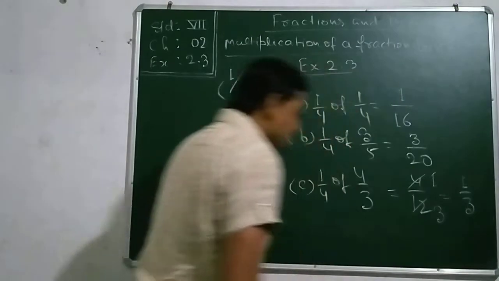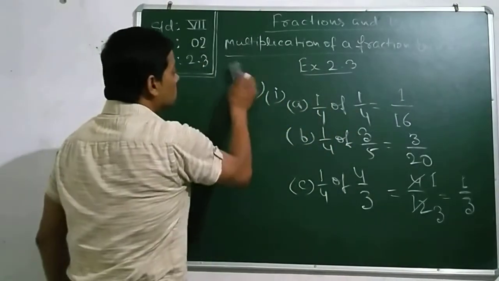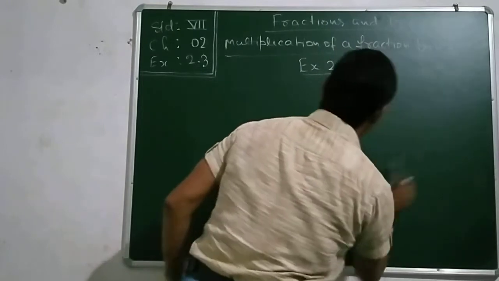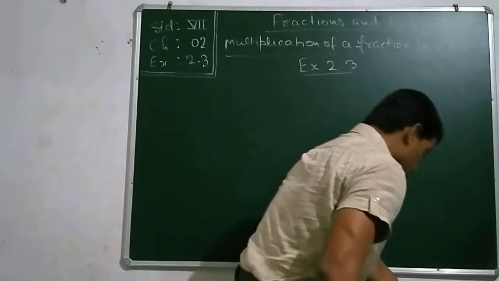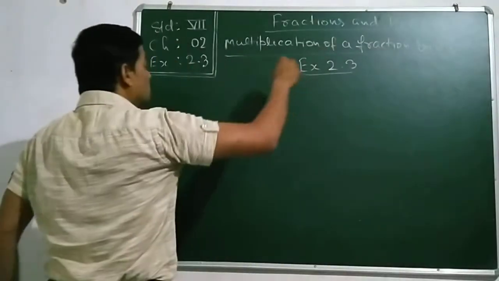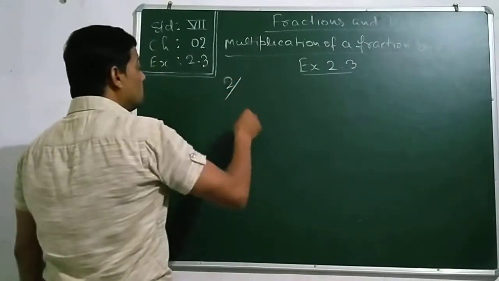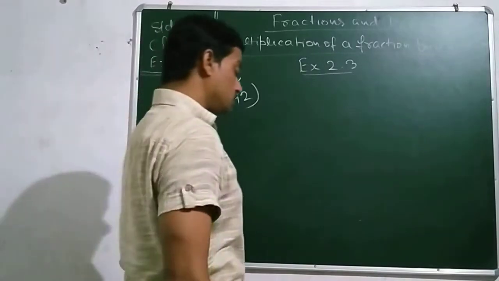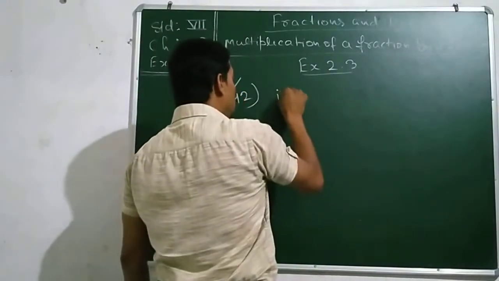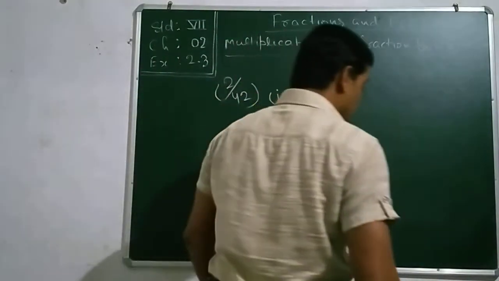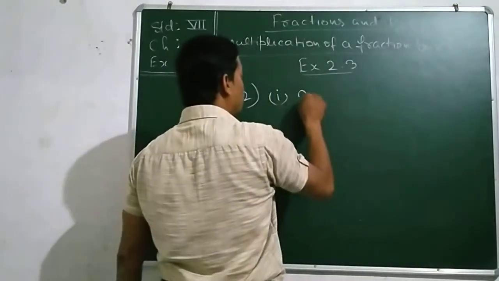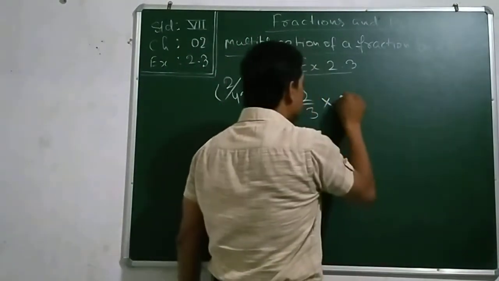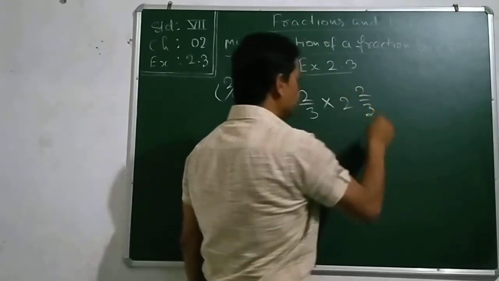Come to the second sum now, number two. In number two, the first sum is 2 by 3 into 2 whole 2 by 3.